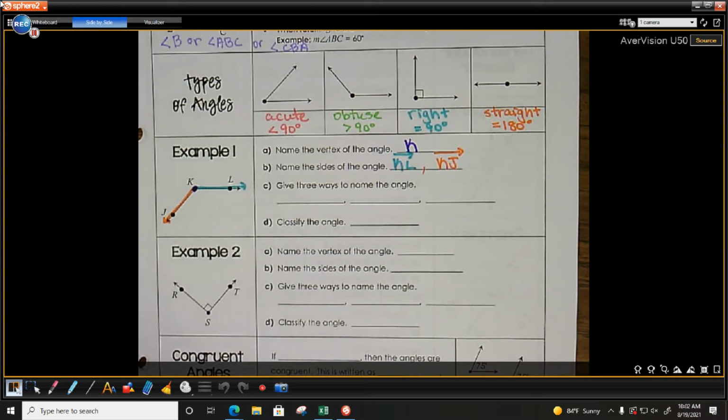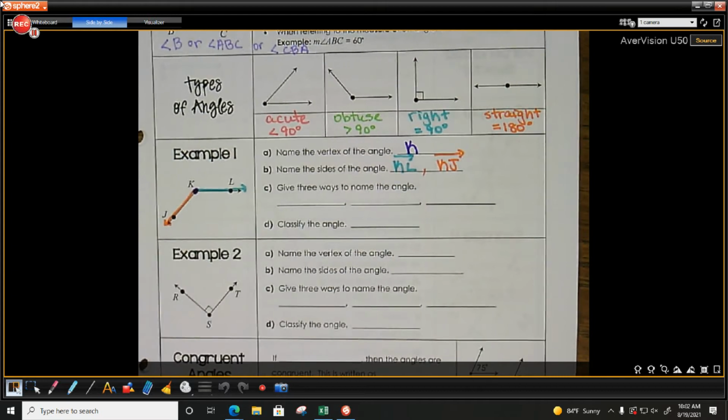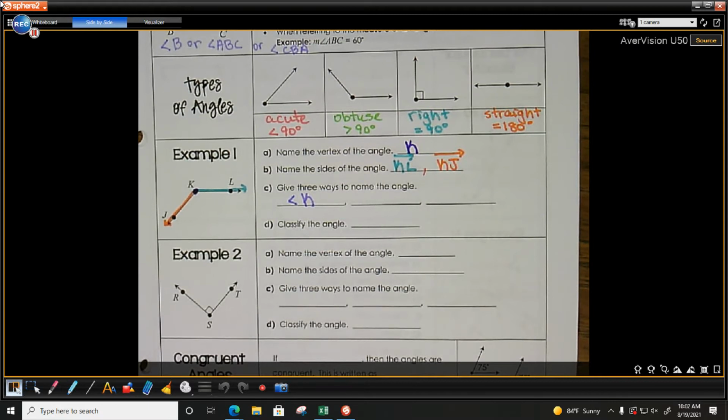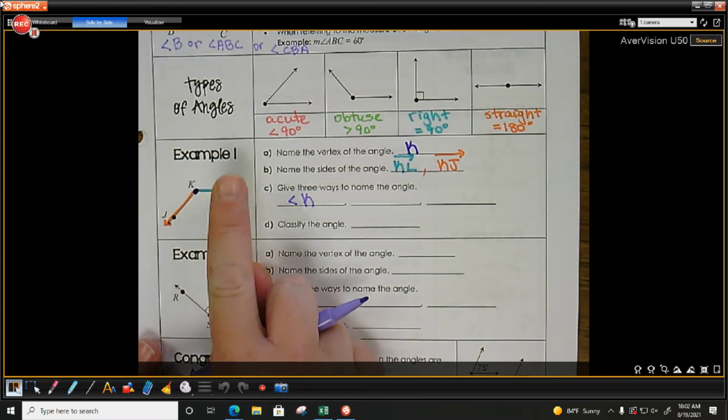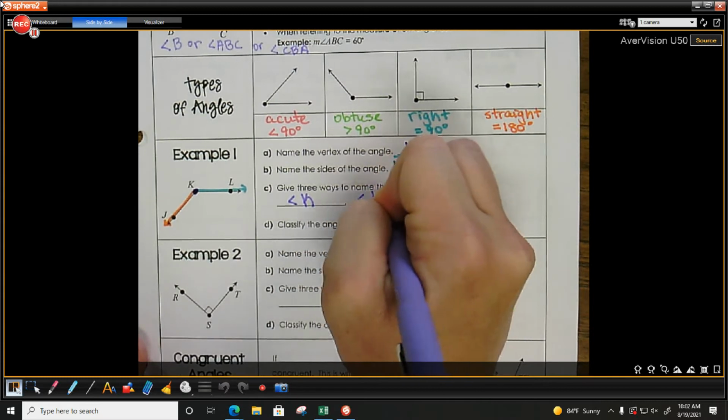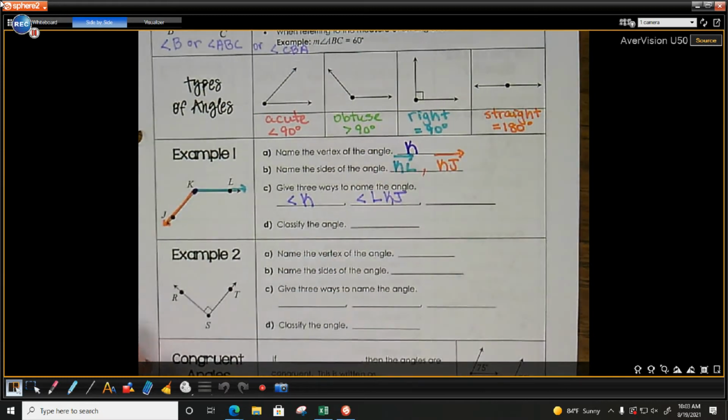Okay, now we're going to say 3 different ways to label this angle. The first easy one, there's only one angle at vertex K, so I can just say angle K. What's another way I can name this angle? Angle LKJ. What's a third way?